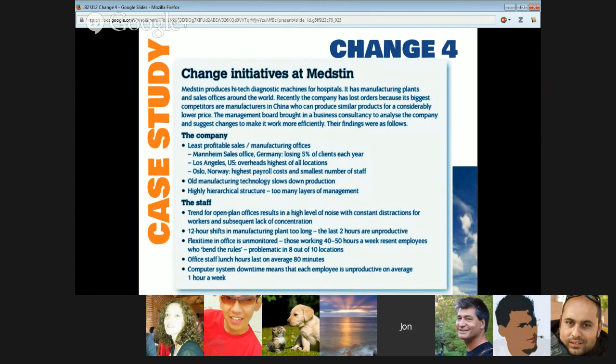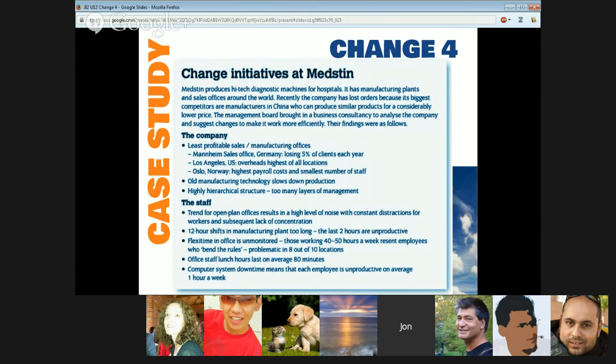Class, what kinds of things might go into overheads? Too much costs. Exactly, overheads or costs. What kinds of things might be part of the overheads in Los Angeles? What kind of factors or elements? What do you think's driving up the price? Use your imagination here. We don't know for sure.